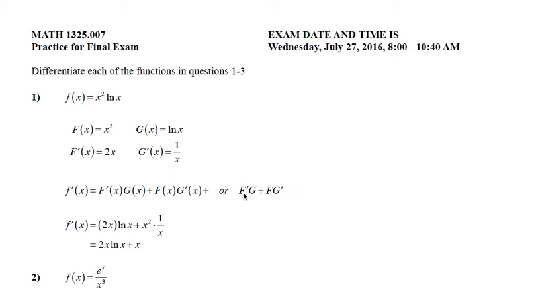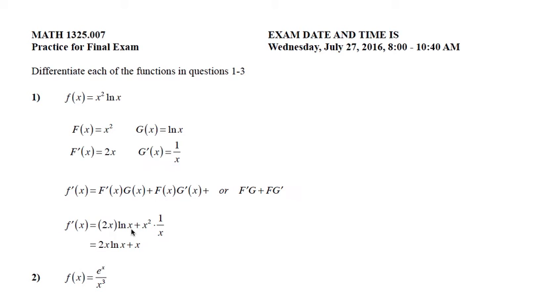So that's f prime, the derivative of the first function, 2x, times g, the second function, which is just natural log of x, and then we add that to the first function, which is x squared, times the derivative of the second, which is g prime, which is 1 over x. Derivative of natural log of x is 1 over x.